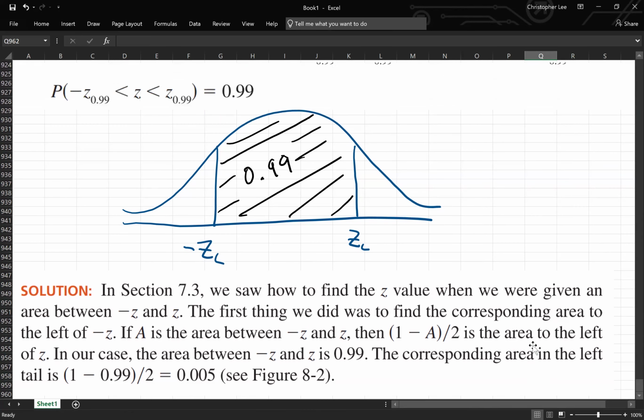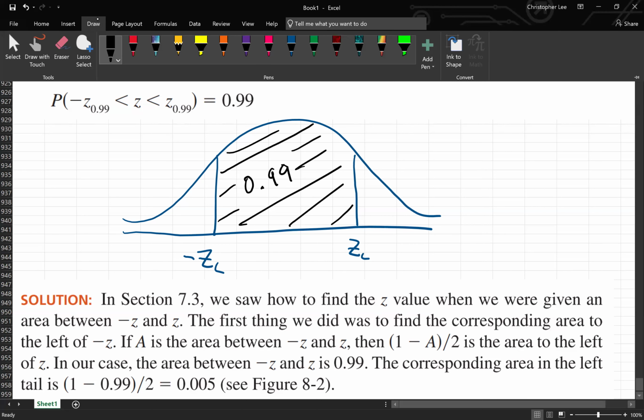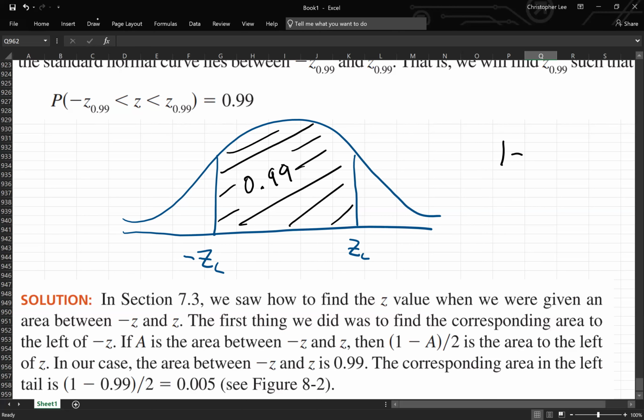So what they're trying to say right here, if I do 1 minus 0.99, you take 99 pennies from a dollar, you're going to have a penny left, 0.01. Now that corresponds to the area to the right over here and the area to the left over here. So what we have to do is cut the penny in half.